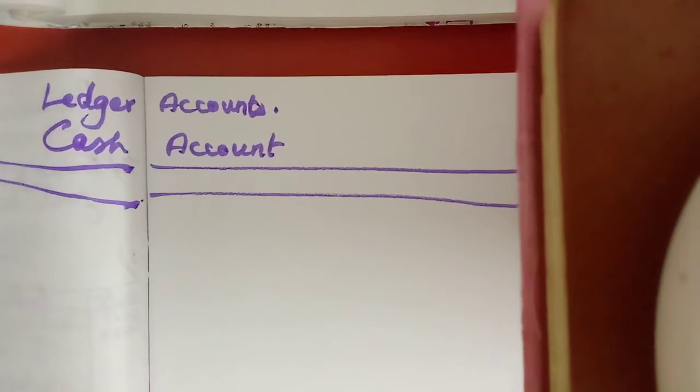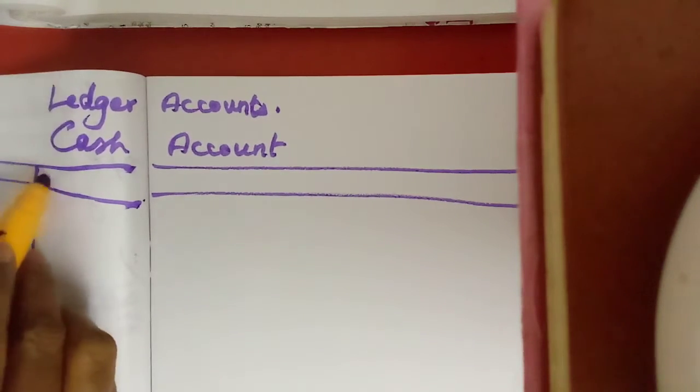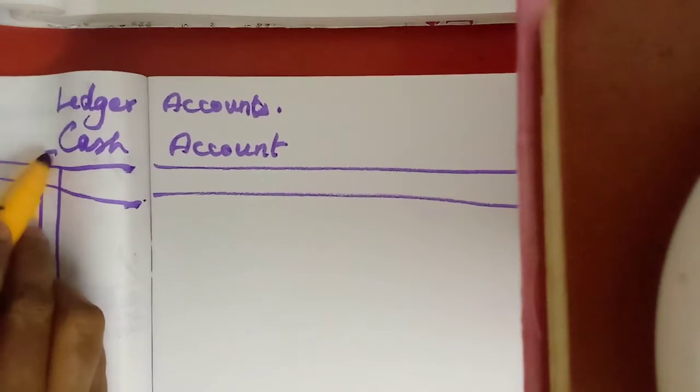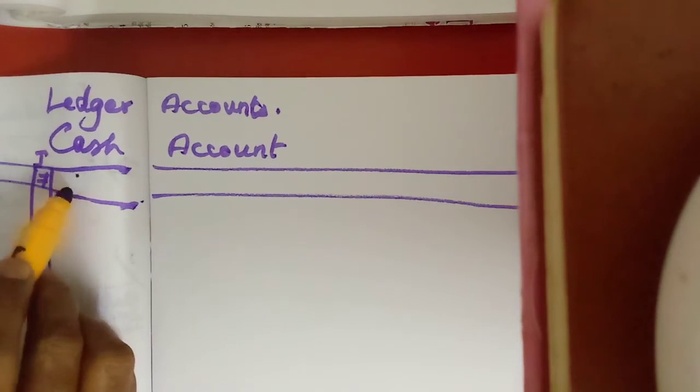First date, particulars, then LF, here JF, journal folio, then rupees.